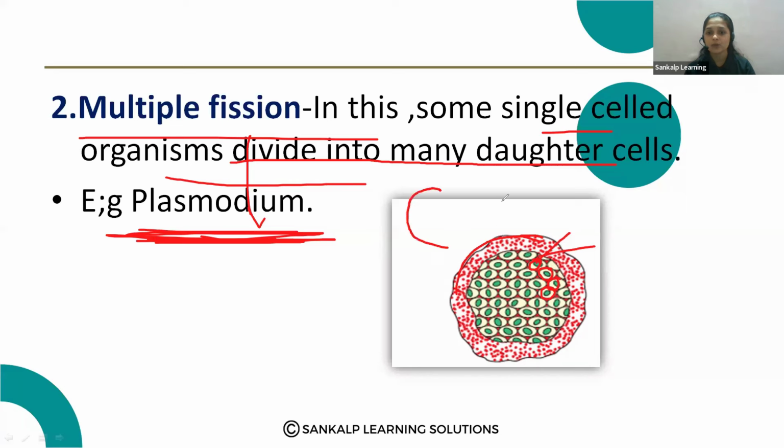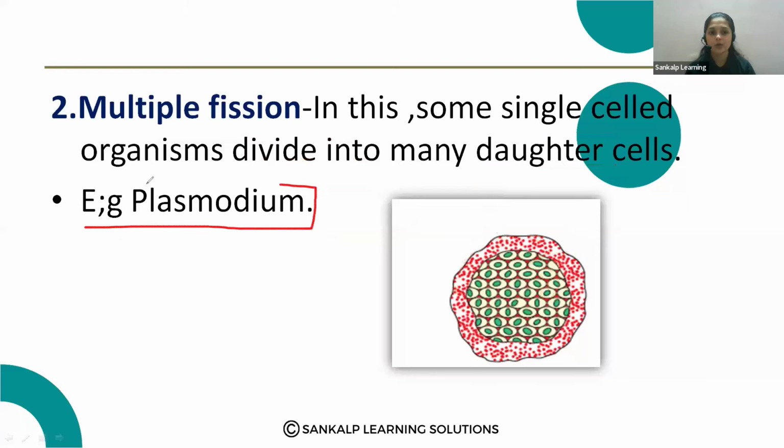There is one plasmodium, and it divides repeatedly, so multiple fission has occurred. It is forming many daughter cells, not 2 or 4. Example: plasmodium.